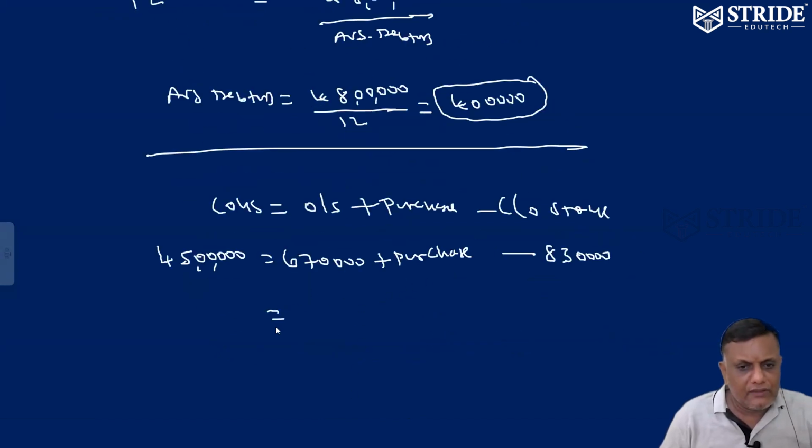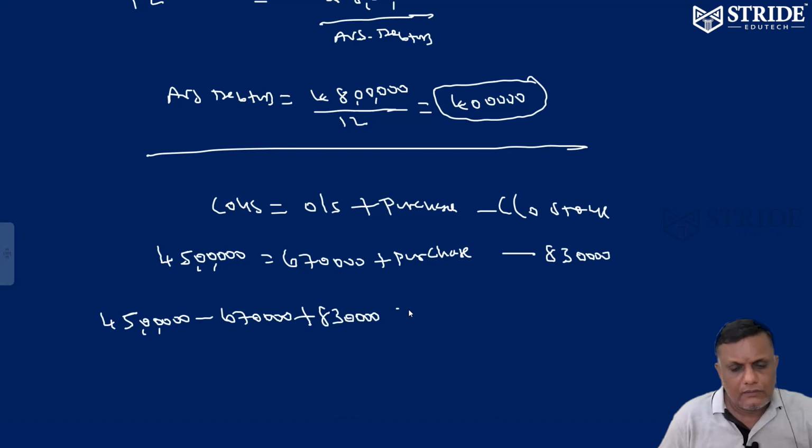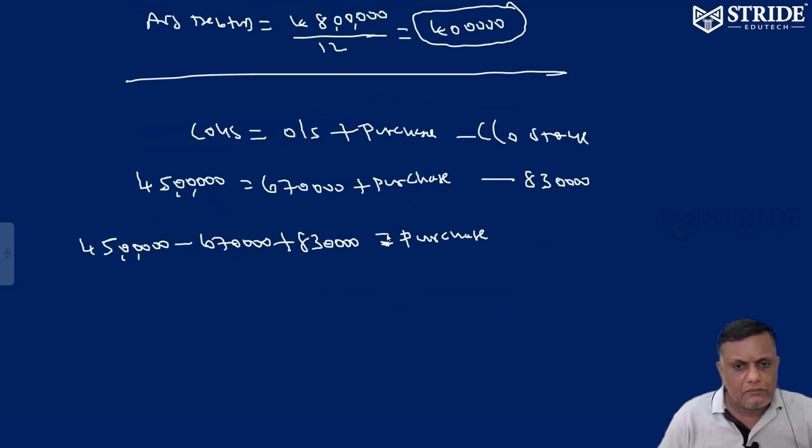So purchase is missing. 45 lakhs minus 6,70,000 plus 8,30,000 is equal to purchase.